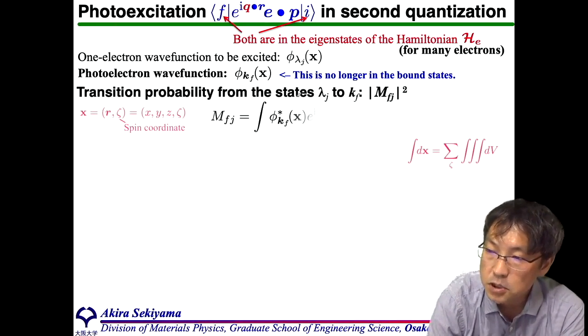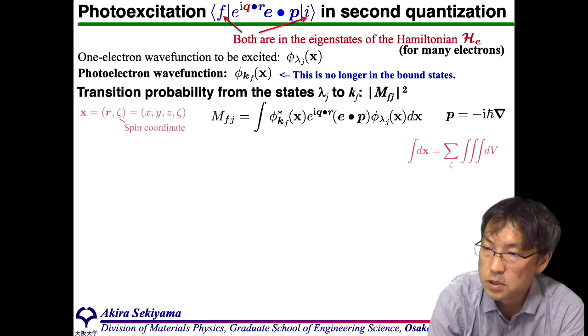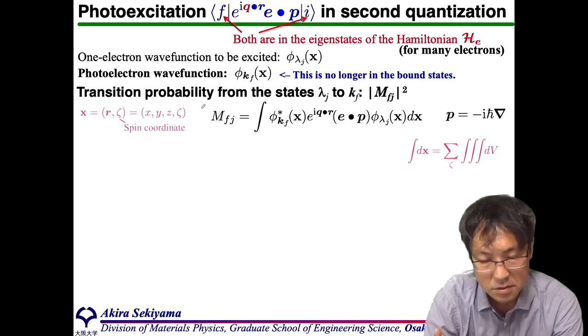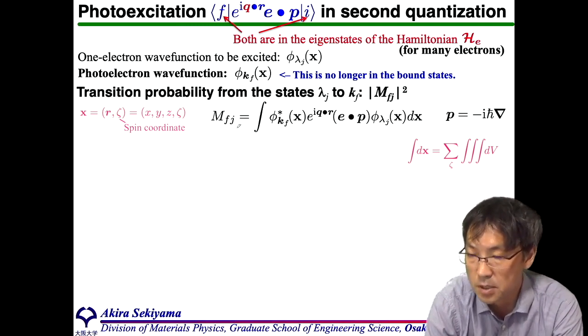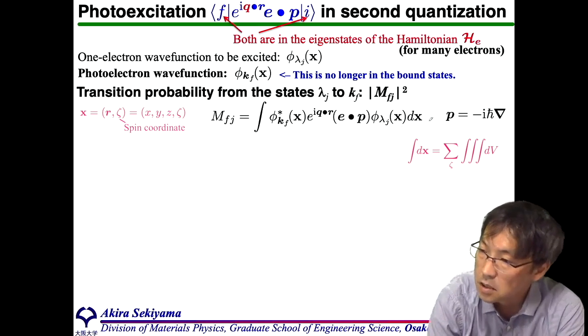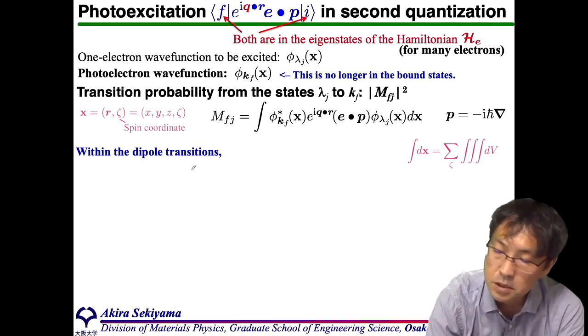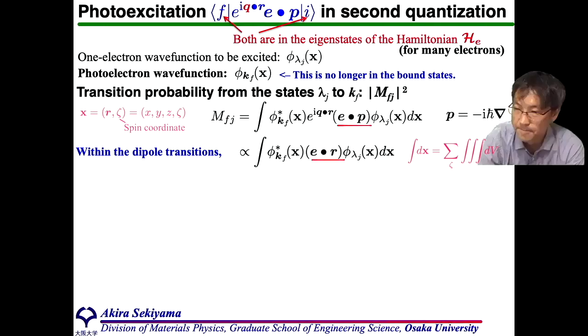Then the transition probability is defined by using this and this wave function, and we can determine the so-called matrix element of the transition probability, M_fj, as this formula. It should be noted that within the dipole transition, this term is proportional to this one.